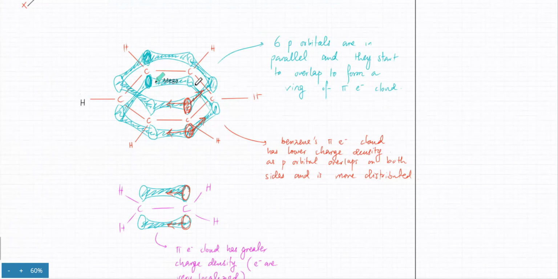The reason it has a lower charge density is because the electron in the p orbital, not only is it overlapping with the atom to the left, but it's also overlapping with the atom to the right. जबकि in comparison, in alkenes, the electron cloud is very localized because the orbital is only bonding to the carbon atom to the left.